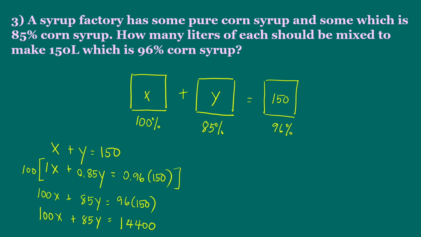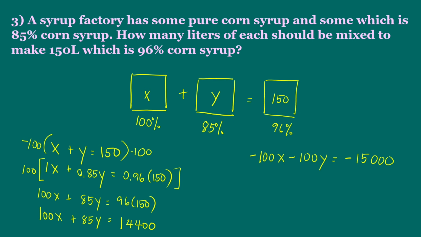So that, why do we need to multiply this by negative 100? We need to eliminate one variable, and that variable that we can eliminate is the variable x. Alright? So, this will give us negative 100x, negative 100y equals negative 15,000.